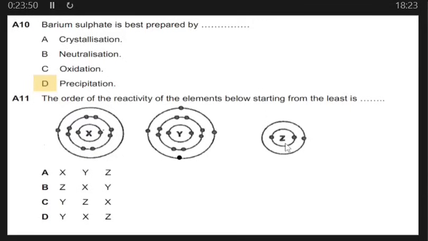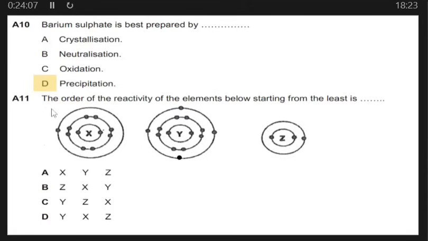This one is a metal with fewer shells. When we compare Z and X, X is more reactive than Z. Now this one is a nonmetal, which is not very reactive.